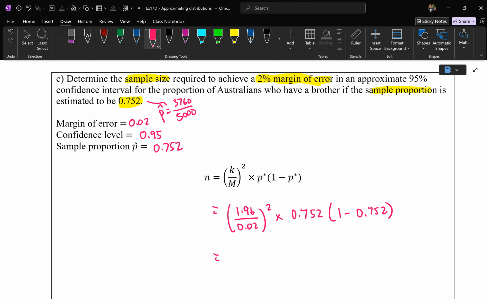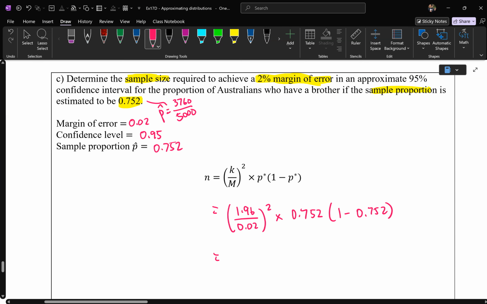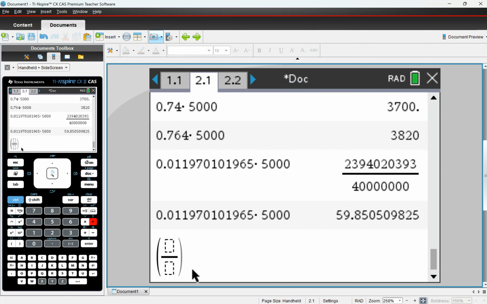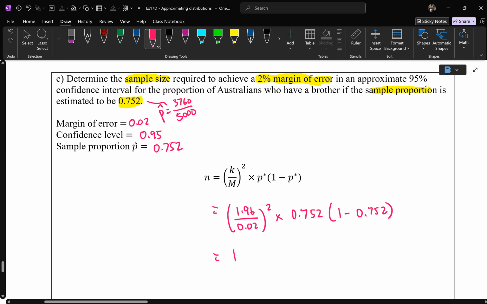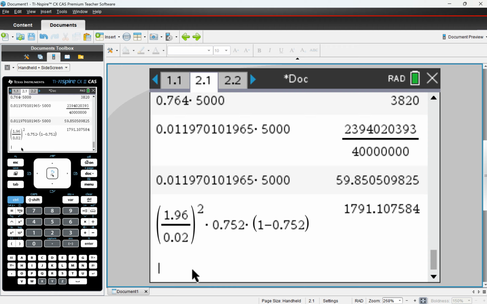Let's work it out, team. Here we go. Let's type in our calculator. 1.96 divided by 0.02 all squared times 0.752 times 1 minus 0.752. Sample size.